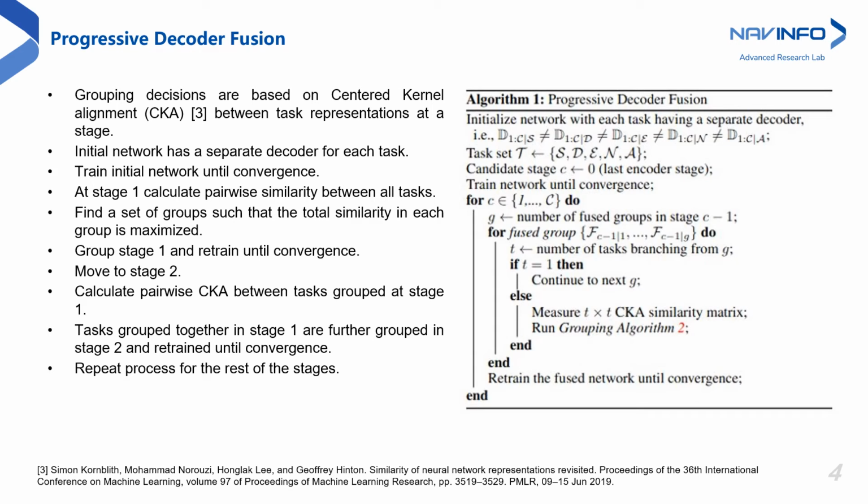The grouping algorithm then determines a grouping such that the task similarity within each group is maximized. Tasks at stage 1 are grouped using this grouping and the resultant network is trained until convergence. Next, using this new trained network, tasks grouped together in stage 1 are further grouped in stage 2. This new network is retrained and the process is repeated for all the remaining stages.